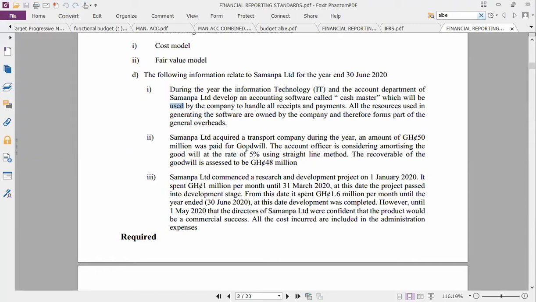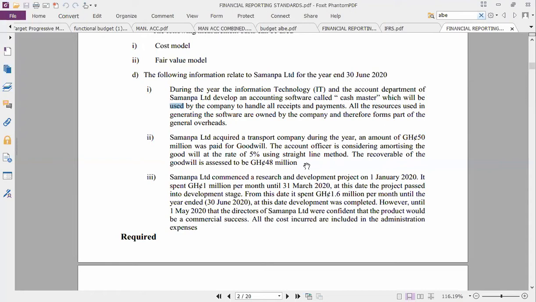Samampa Limited acquired a transport company during the year. An amount of 50 million was paid for goodwill. The account officer is considering amortizing the goodwill at a rate of 5% using the straight line method.